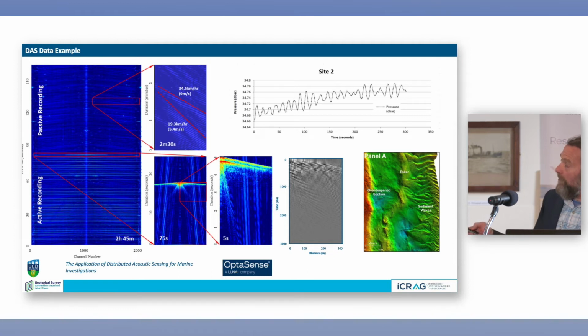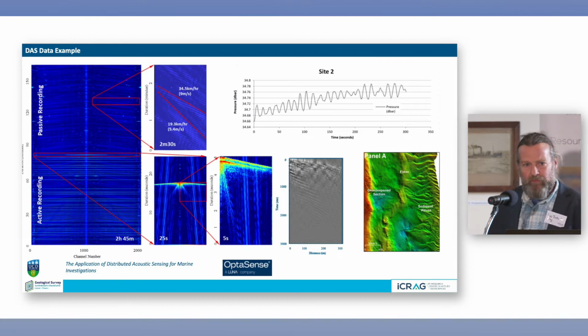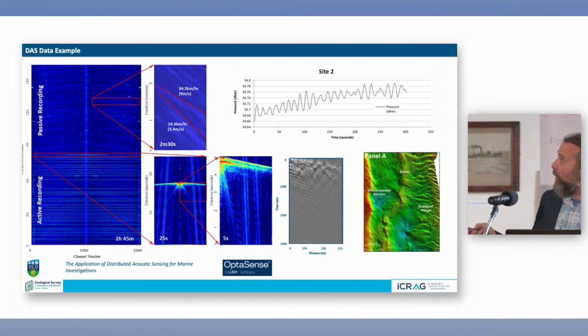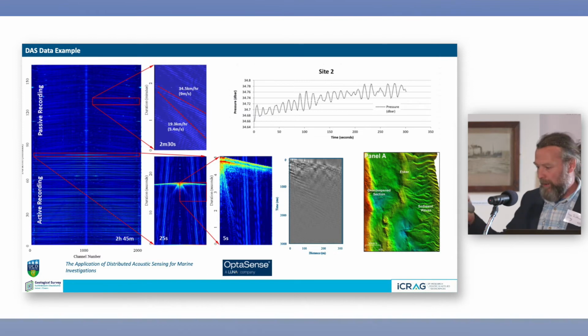But these sloping lines here, I think we're in about 25 or 30 metre water depth here, and these are ocean waves. So what we can actually see, if we zoom into here, is the sets of ocean waves passing along the cable, along the full length. And we can tie that into absolute pressure changes.